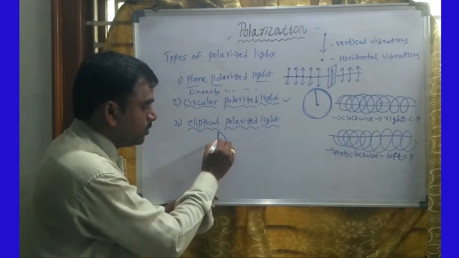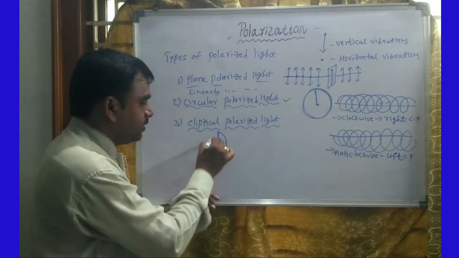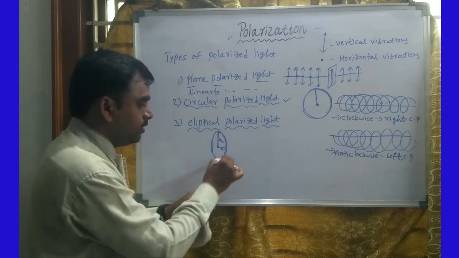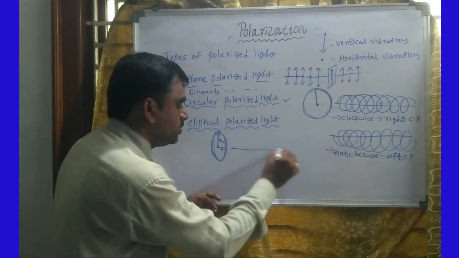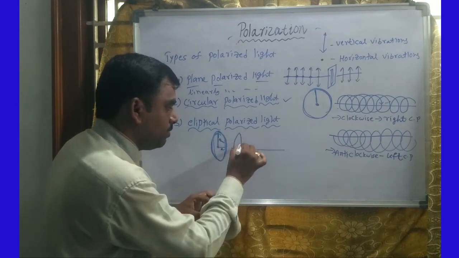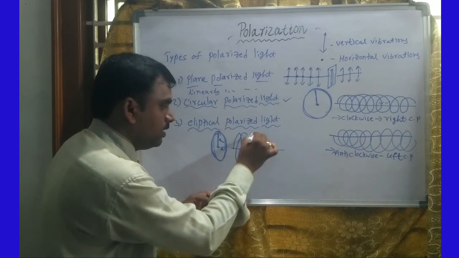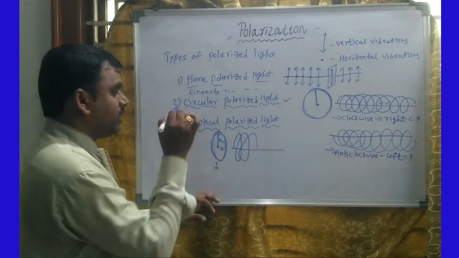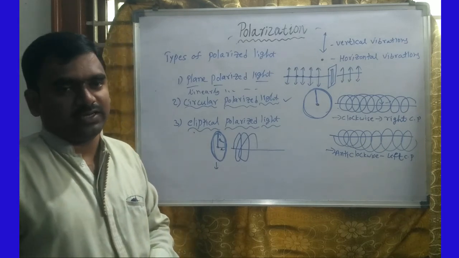This is minimum amplitude and this is maximum amplitude. Like this, like this. So suppose the light is propagating like this: in one direction it has maximum amplitude, in another direction it is less. This type of polarized light is called elliptically polarized light.